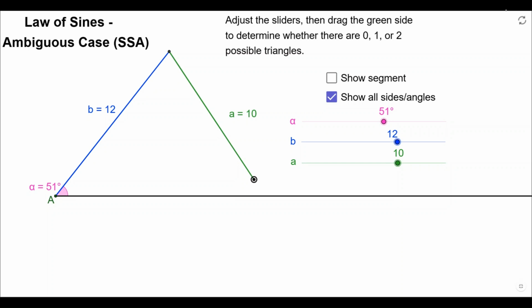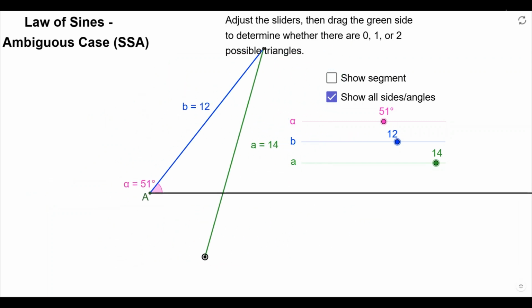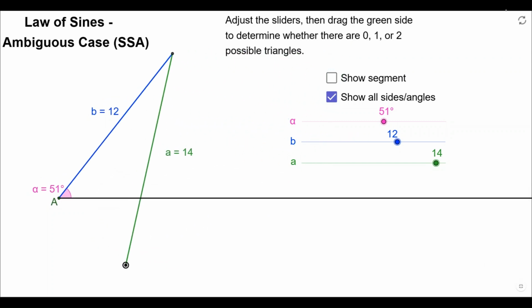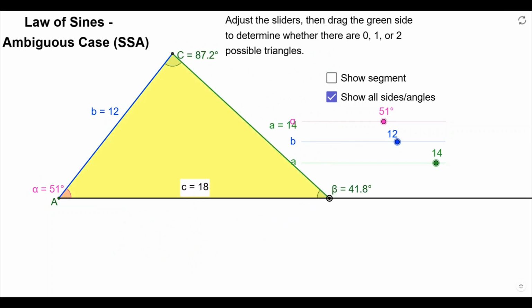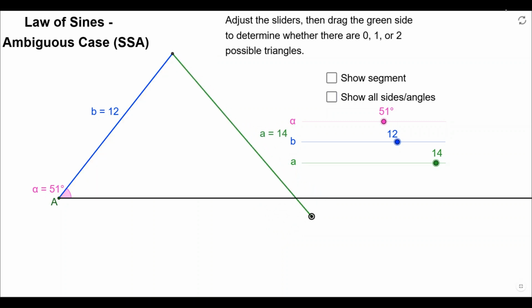What happens if the 10 gets longer? What if side A becomes like 14? Okay, if side A is 14, again, we can swing side A left and right, inwards and outwards. What happens if we swing side A outwards? We get a triangle, right? And we have an acute angle. What happens if we swing it back to the left towards A?